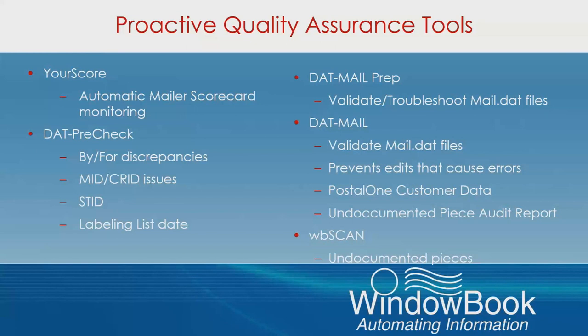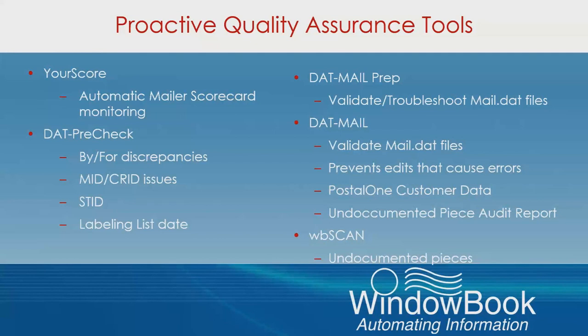And most importantly, it allows you to do this early on in the process. We also have another tool called DAT Mail Prep that's also used to validate mail.dat files, and it's also extremely valuable to troubleshoot any mail.dat issues and communicate those issues back to the provider of the file.